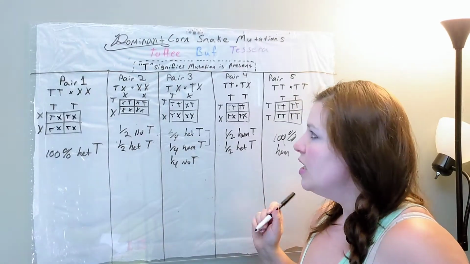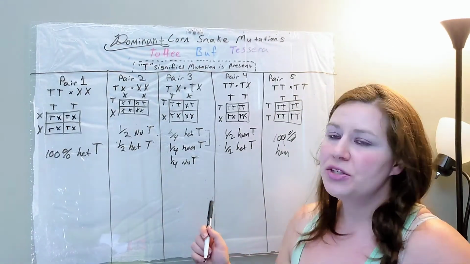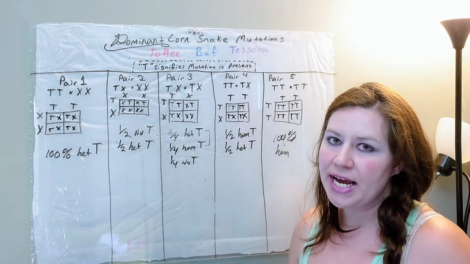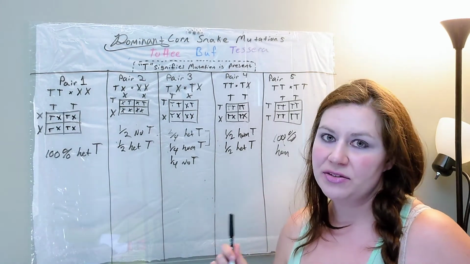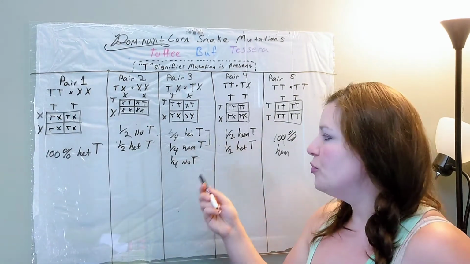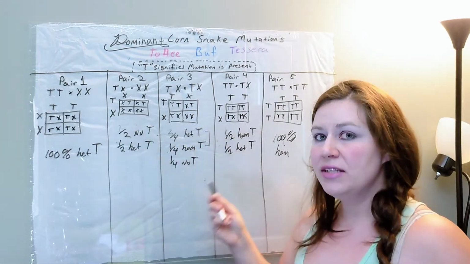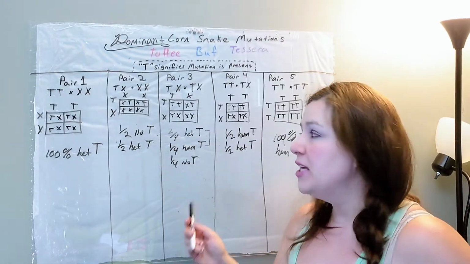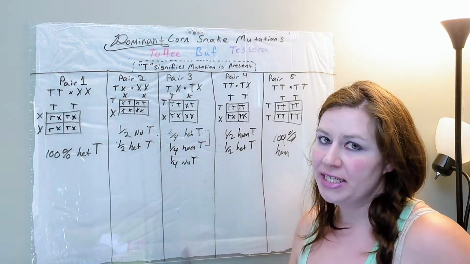Now, this is what you would do if you're trying to test your tesseras to find out if they are homozygous tessera or heterozygous tessera. So if you have 2 tesseras and you breed them together and you get any non-tesseras at all, that means neither parent is homozygous tessera.